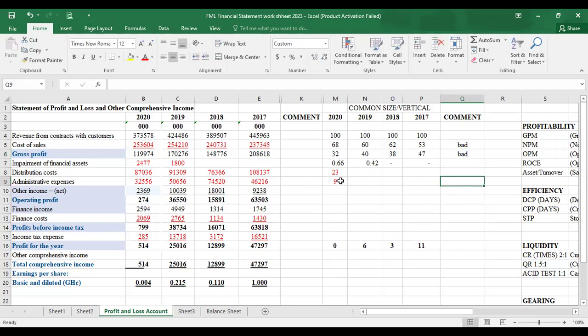But when we come to the administrative expenses, you will see that it was 9. Administrative expenses currently take only 9% of our revenue. With that one, we will say it is somehow good, right?